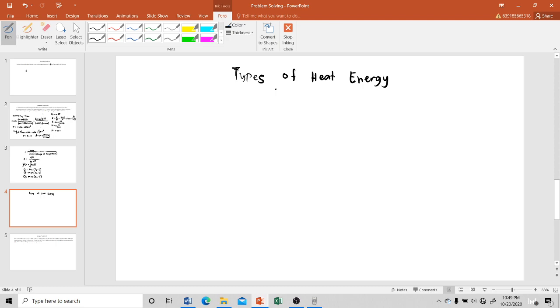So for latent heat, it is the energy released or absorbed in a body without changes in temperature. Just like the amount of ice.